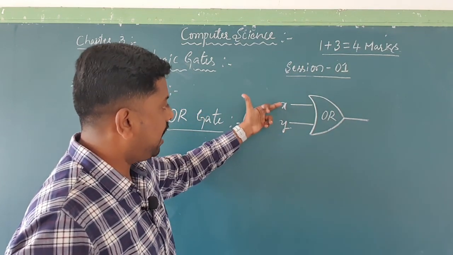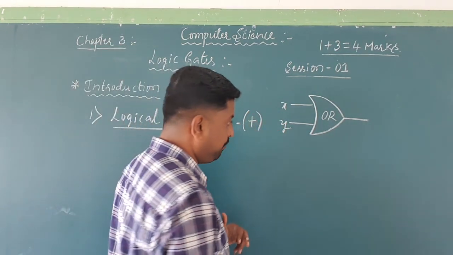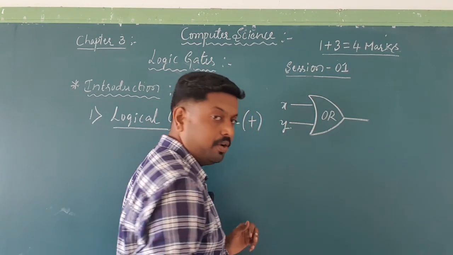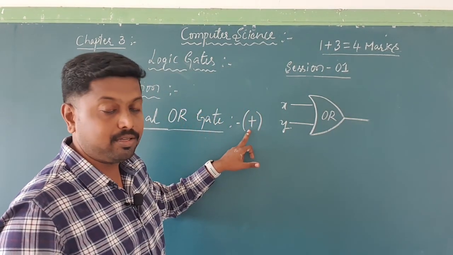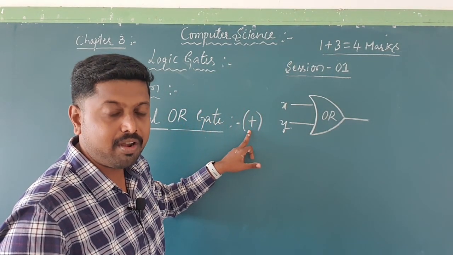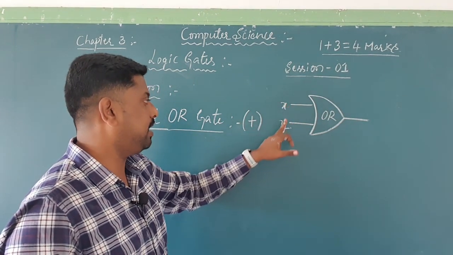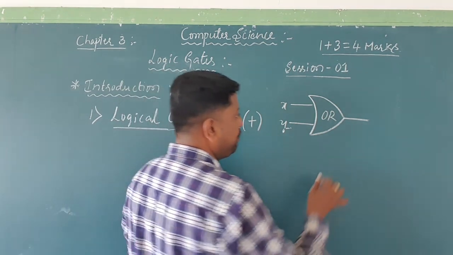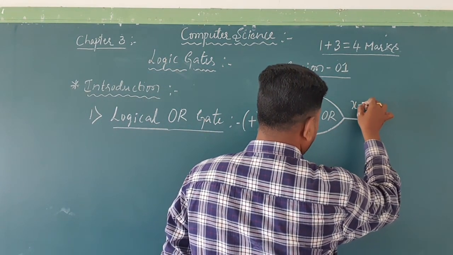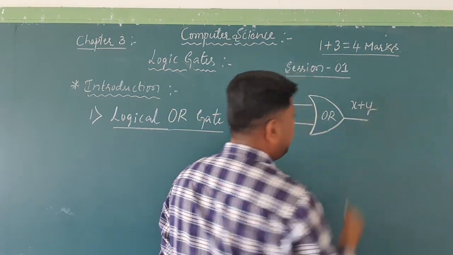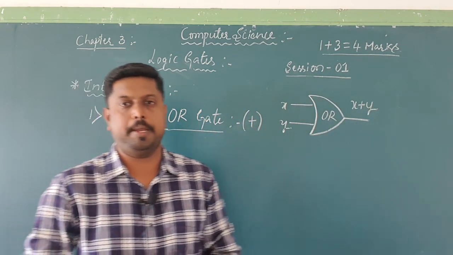The logical OR gate accepts the 2 inputs and produces a single output, because the operation of the logical OR gate is addition. So hence for the inputs X and Y, X plus Y will be the result.